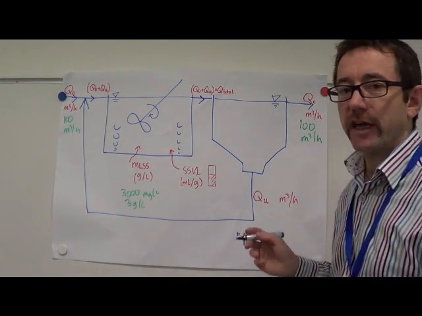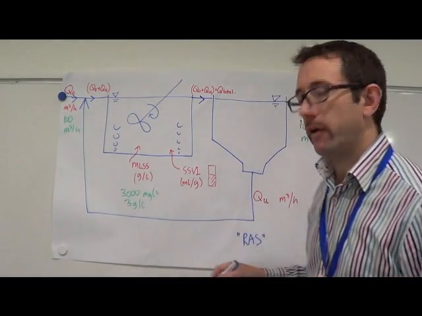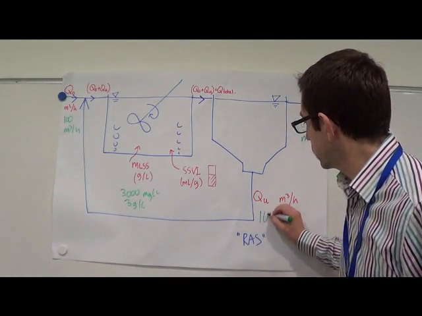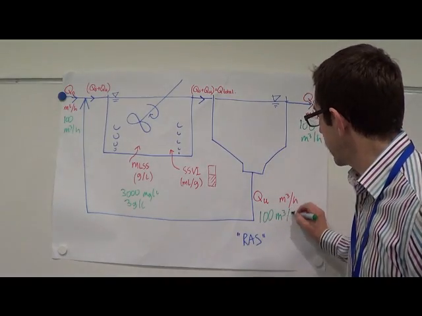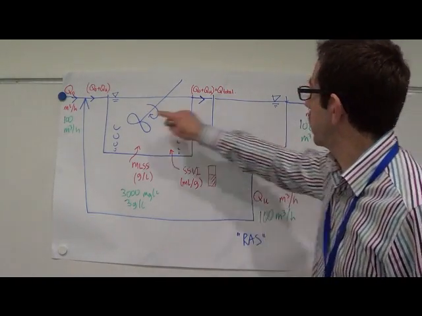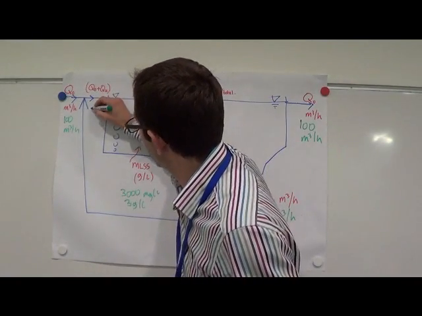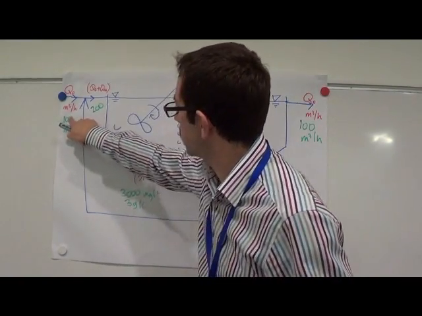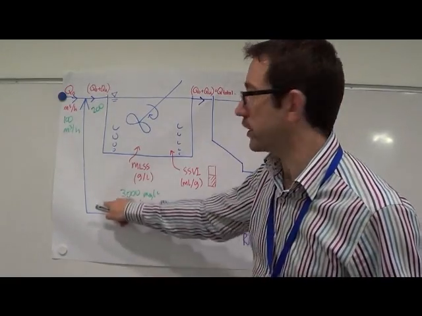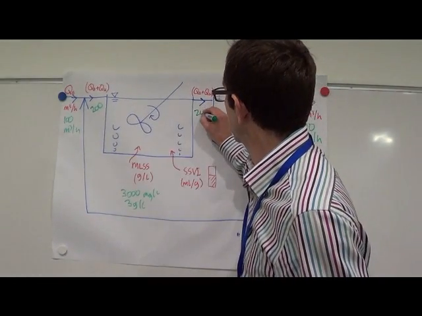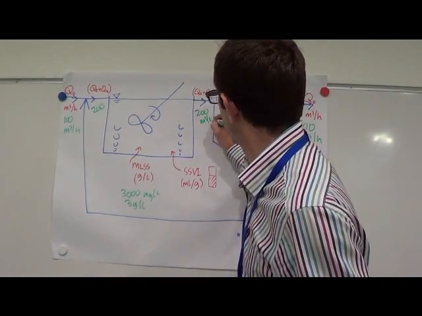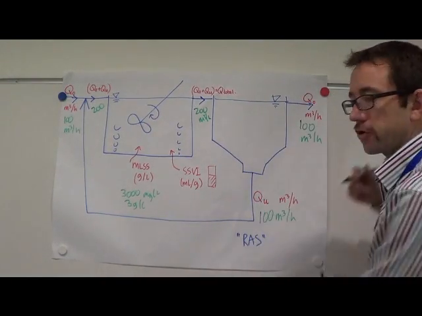And say for the argument's sake, you also have a RAS loop going which has got 100 metres cubed per hour. So clearly if you've got 100 coming in and 100 coming out and 100 going around, at this point here you've got 200, because you've got that 100 there and it joins up with this 100 here. So 200 metres cubed per hour there, 100 goes to the river, 100 comes back round.